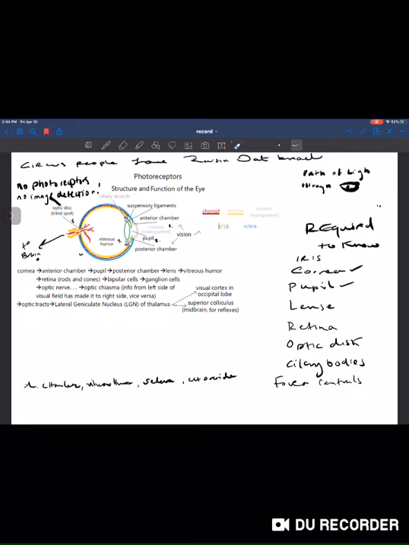Fovea, focus. And something else that can help us with the fovea centralis is that all the photoreceptors here in the fovea centralis are cone receptors.